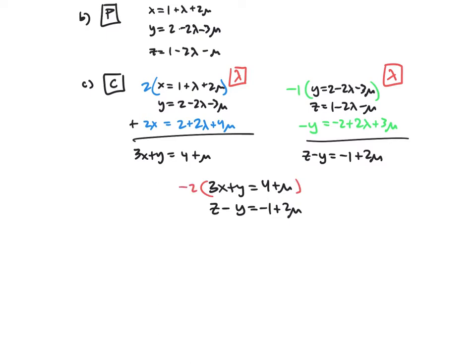All right, result of that is negative 6x minus 2y equal to negative 8 minus 2 mu. And you can see that our components will set up nicely for eliminating the parameter mu. Okay, so what do I get? I get negative 6x minus 3y, right? I'm just adding like components, plus z is equal to negative 9.